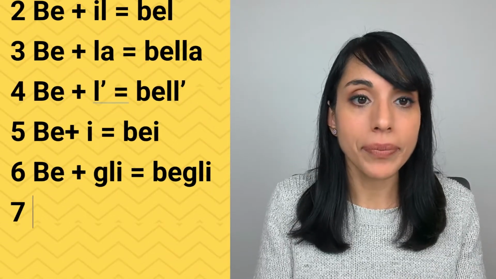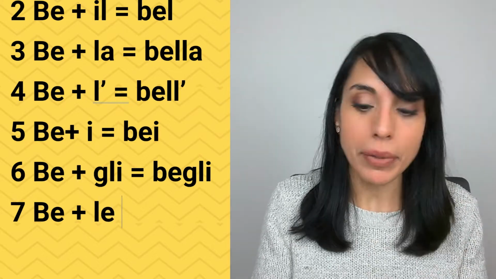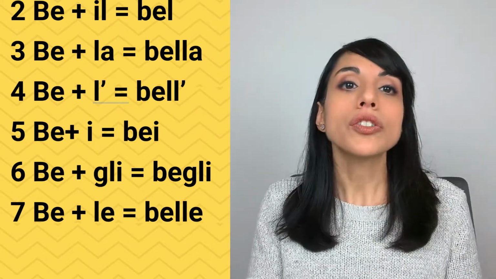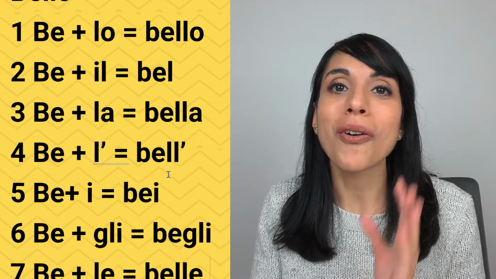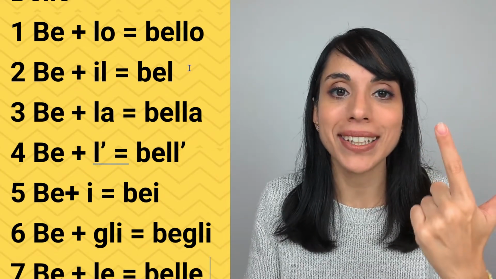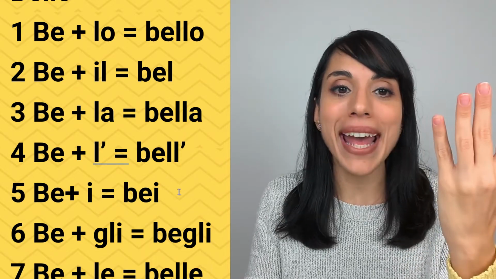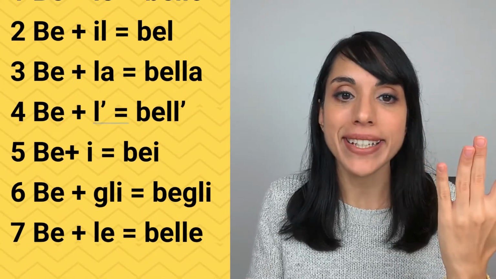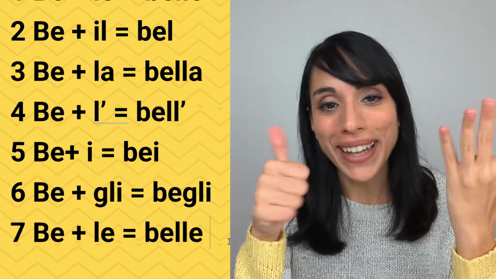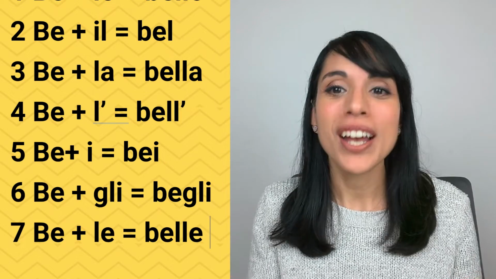And finally, be plus le, plural feminine, belle. Those are the 7 versions of bello. Bello, bel, bella, bell', bei, begli, belle. Perfetto.